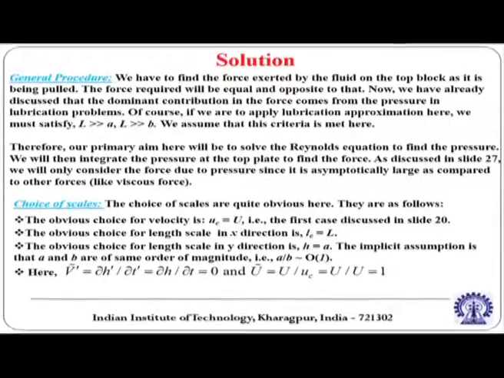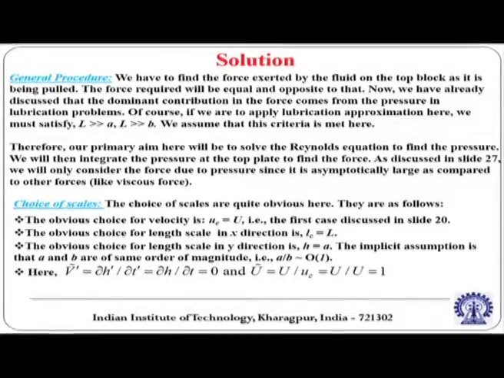And here the V, which is del H del T, is equal to 0, because there is no y movement of the top plate, and the dimensionless U at the boundary, that is U by UC, which is U by U, is equal to 1, because your UC is itself capital U.